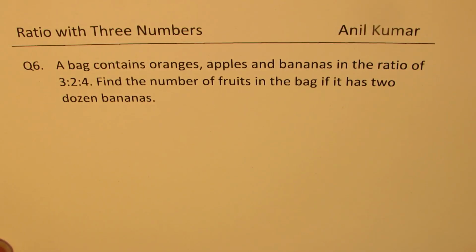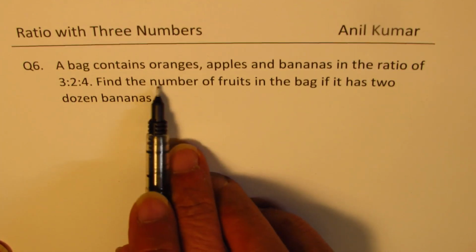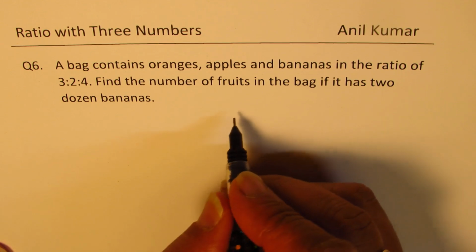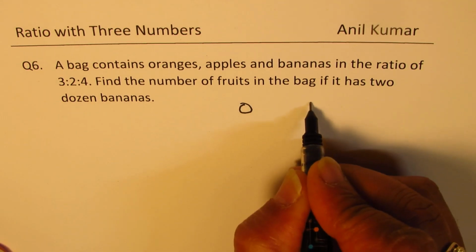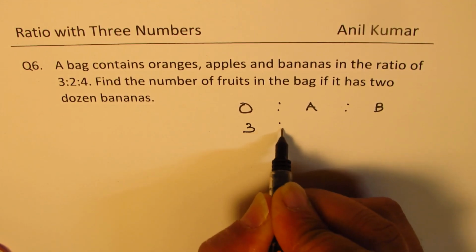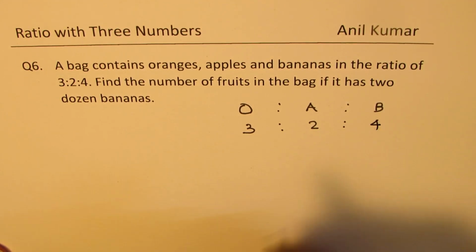The last question here is, a bag contains oranges, apples and bananas in the ratio of 3 to 2 to 4. So we have oranges, apples and bananas and their ratio is 3:2:4.